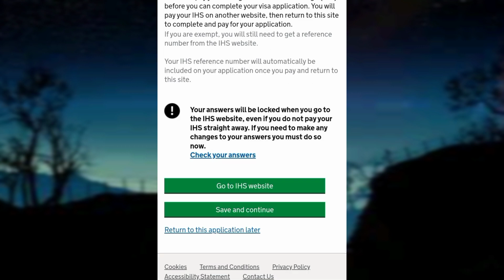Yes, so by the time you get to this page, you're almost done with your application. It says the answers will be locked when you go to the IHS website. So whatever you're doing, ensure that all the answers that you have filled are correct. You want to go back and cross-check everything you filled. Print out the PDF form, go through it, be sure that all your answers are correct.